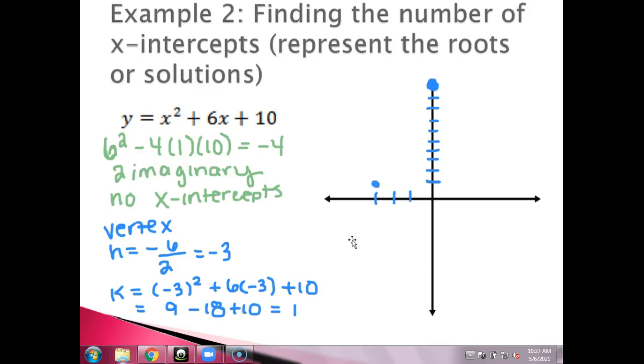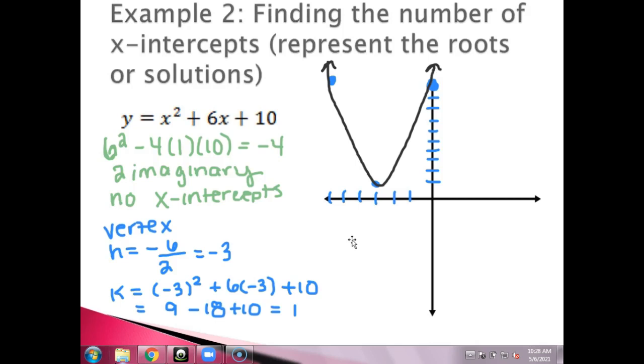But this time the vertex is at negative 3, 1. So what you notice is the graph never hits the x-axis, therefore no x-intercepts.